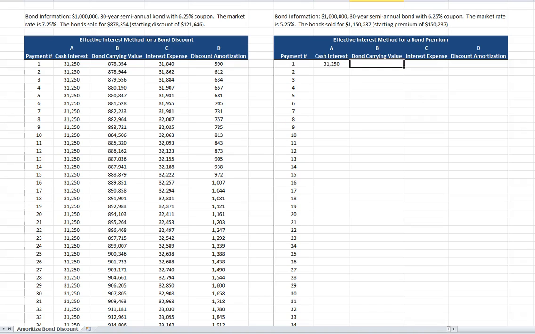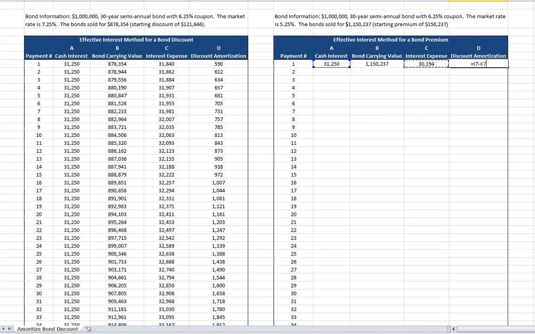The bond's carrying value will be equal to its initial selling price, which is also equal to the present value of all its future cash flows. The interest expense will be equal to the bond's carrying value times the market rate divided by 2. And the discount amortization will be equal to the amount in column A, the cash interest, minus the interest expense.